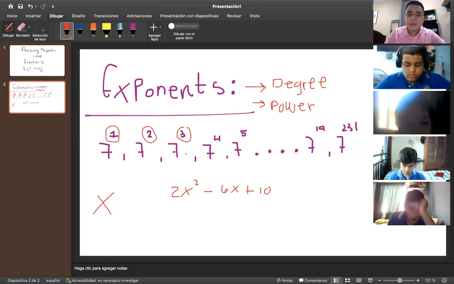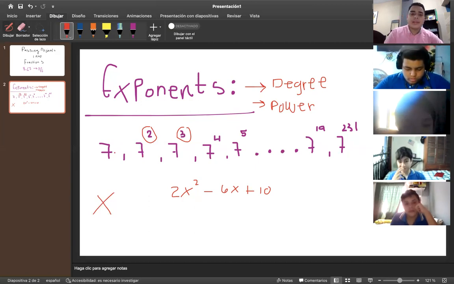So if we have 7 elevated at 1, guys, we don't have to write the number 1, okay? When we just see a number like just a 7, we already know that this 7 is elevated at 1, but we don't have to write the 1.